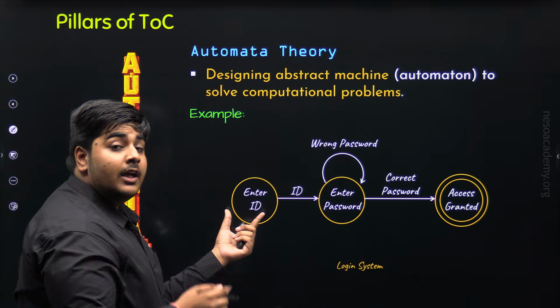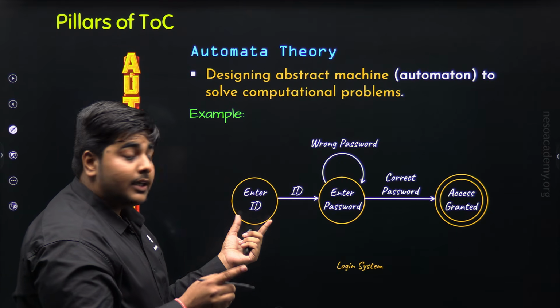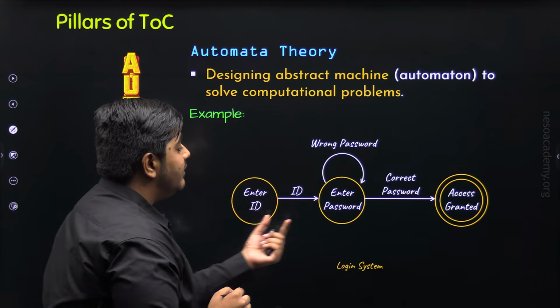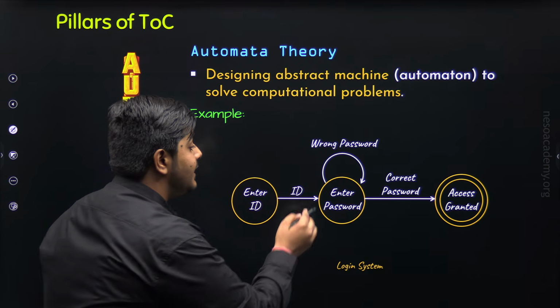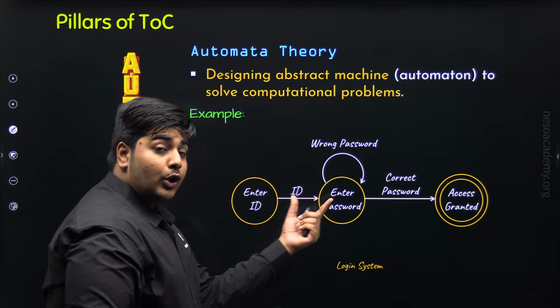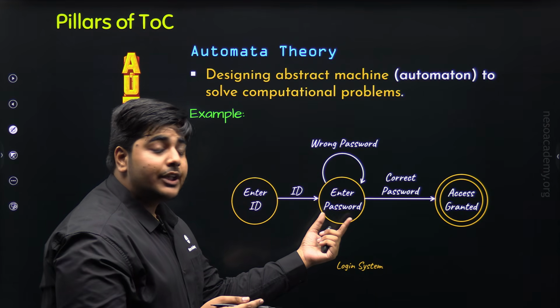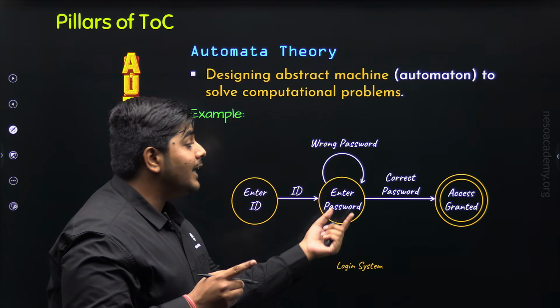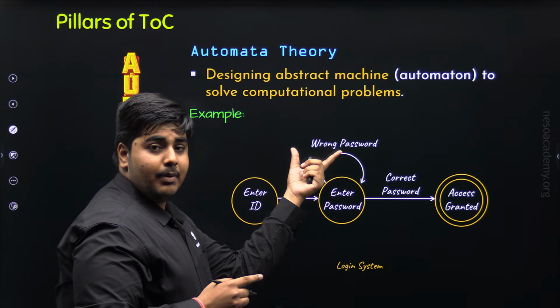In the first state, the login system is asking the user for his ID. So when the user enters his correct ID, he will reach the second state, that is, enter password. Now the login system is asking the user to enter his password. Here, the user will either enter a correct password or a wrong password.